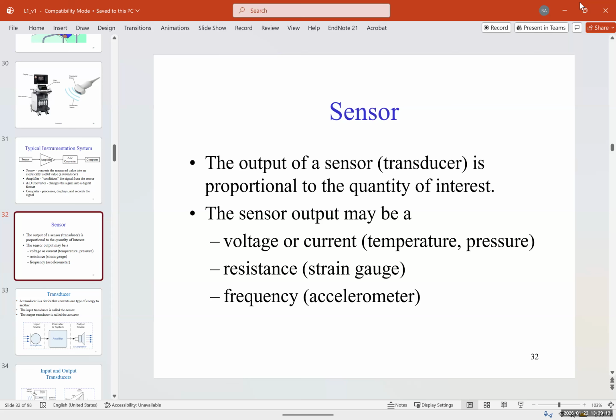And we have different outputs of these electrical sensors. It may be voltage, current, resistance, or frequency. Voltage or current are for the temperature and pressure ones. Resistance is the second type, which is strain gauges, and the frequency is for accelerometers. So again, voltage or current, resistance, and frequency.